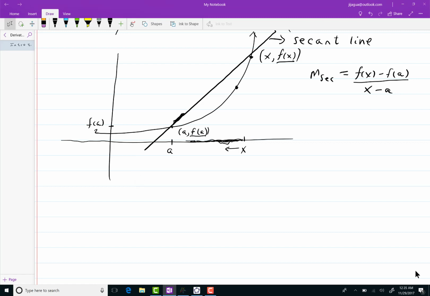Let me draw another one. See if I can get the hang of this. There's another one. Maybe another one. Let me just see if I can get another one in there. I'd use colors, but I've heard that some people have trouble with that, so I'm not going to bother with colors.